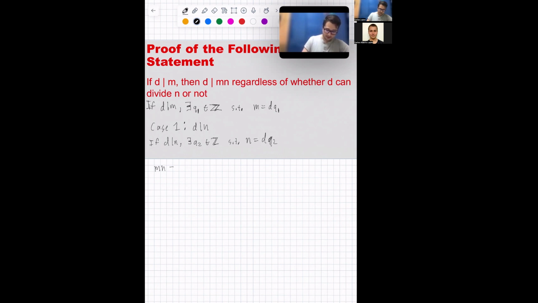m times n is going to be equal to d squared q1 q2. And you can see that it is d squared because we have dq1 times q2. And in case you didn't understand that portion, we can say that this is dq1 times dq2, which is equal to d squared q1 q2.